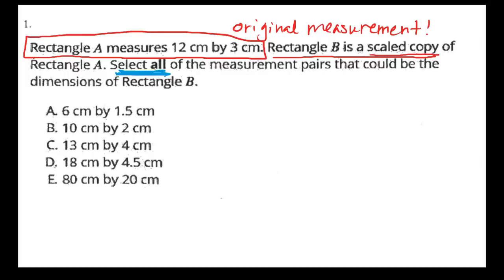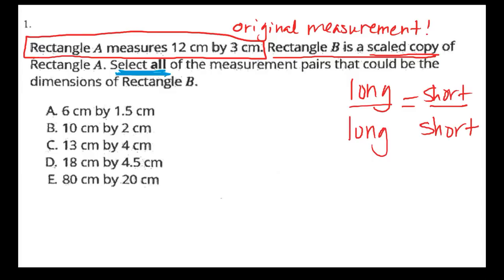We're going to select all of the measurement pairs that could be dimensions of rectangle B. So when it says select all, that means it's a multiple choice question. Could be one answer, could be multiple correct answers. So what we want to remember, it's one of the first things we look through in lesson 1.